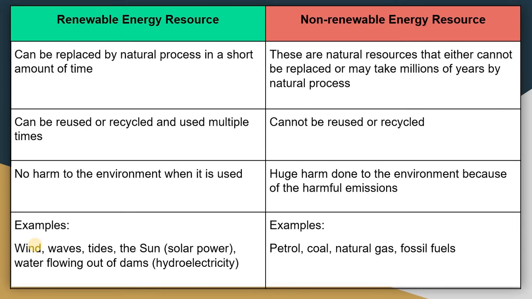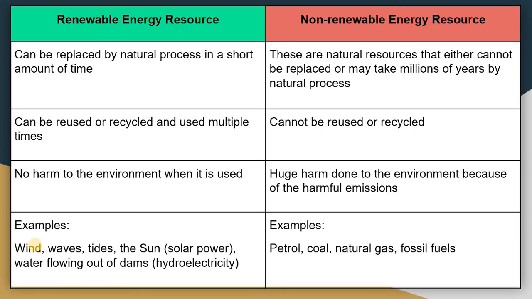But of course, the disadvantage in using wind energy is it needs to be built in an area where there are strong winds. So in order to generate energy, you actually need wind. When you have a stronger wind in that area, you actually generate more electricity.